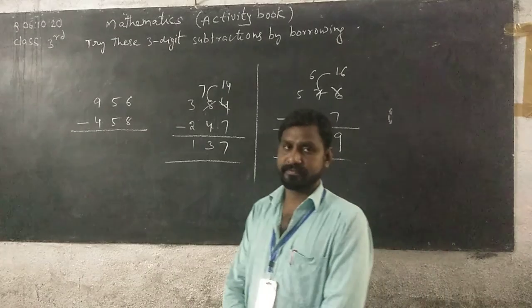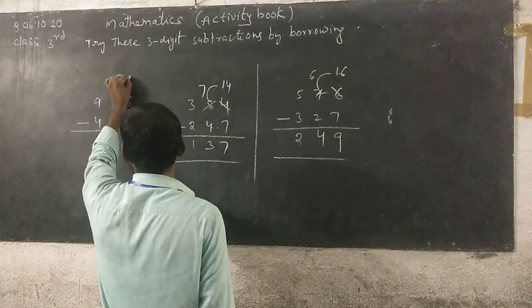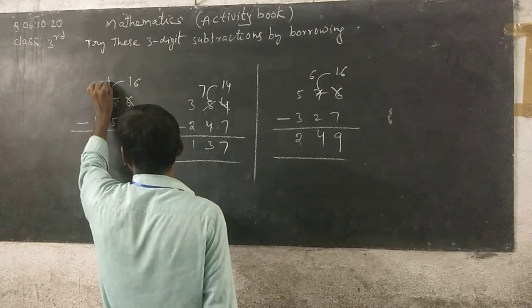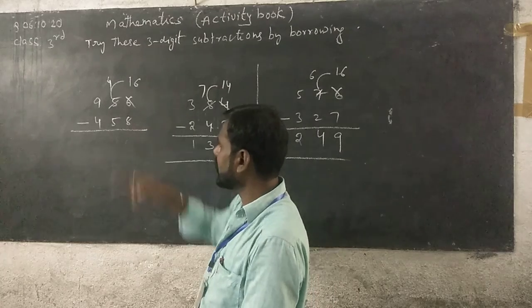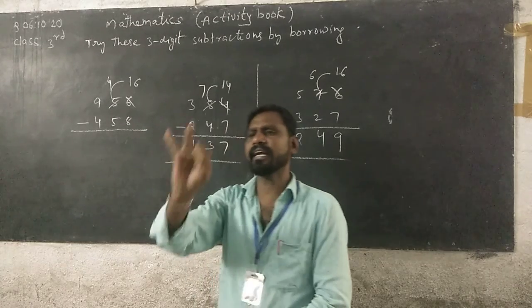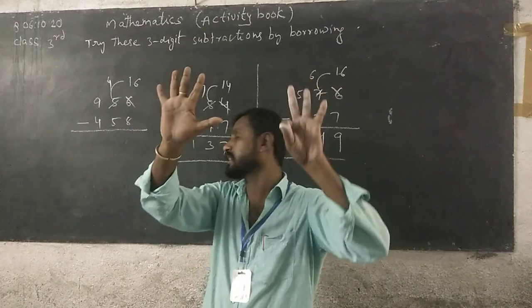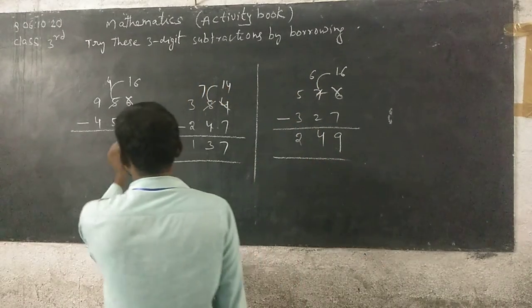Not possible. See, take borrowing from 5, it can give 10, 10 is added to 6, 10 plus 6 is 16. So it can lose one, here 4. See here, 16 minus 8. 8, after 9, 10, 11, 12, 13, 14, 15, 16. What do we get? 8. Write down under ones place.